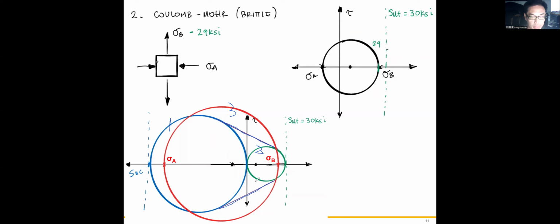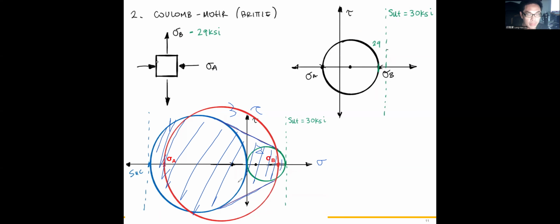So any stress condition, with its sigma and shear stress, within this area should be safe.